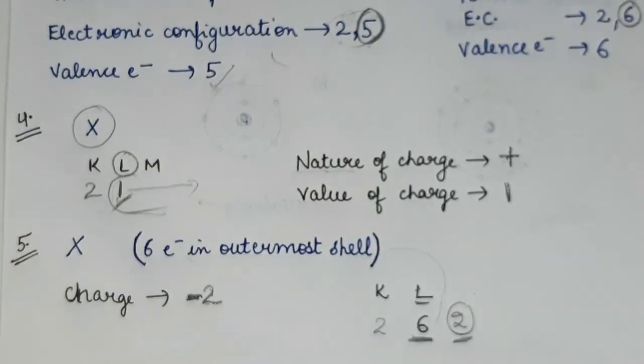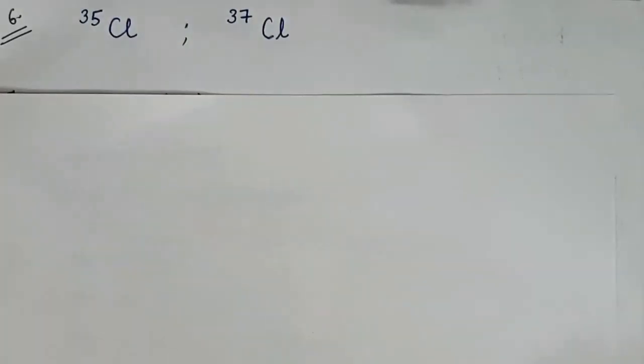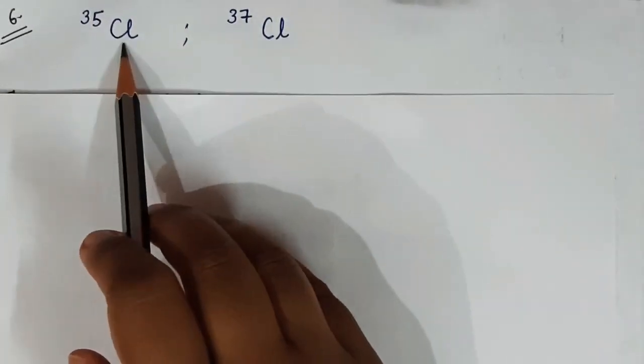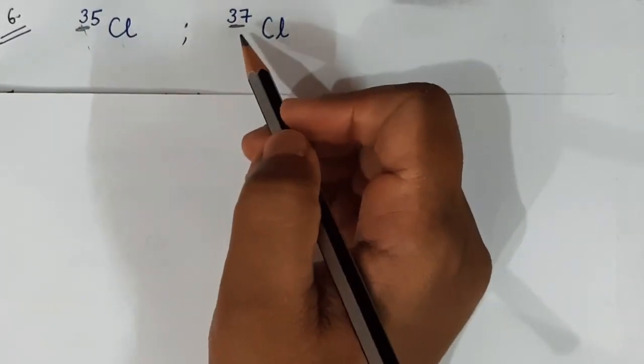Coming to question number 6. Question number 6 is, will chlorine-35 and chlorine-37 have different valencies? Justify your answer. Okay, the mass number is 35 for the first and the mass number is 37 for the second.